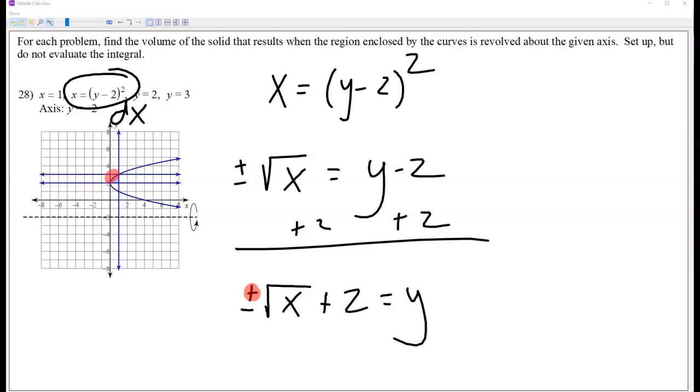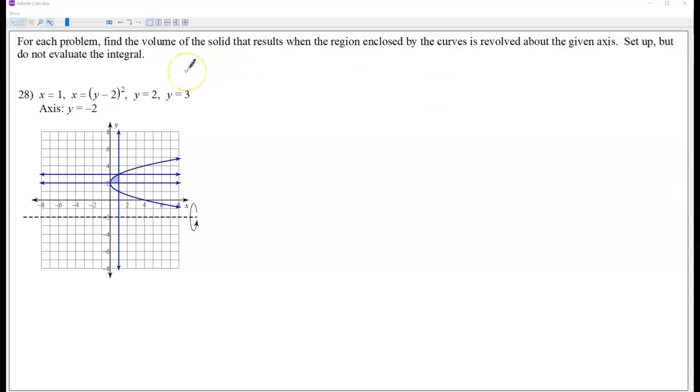And so the function that we're going to be working with is simply positive square root of x plus 2. Okay, so that being done, let's go ahead and move on to the rest of the problem. So we're not going to use that. We're going to say y is equal to the square root of x plus 2 instead.